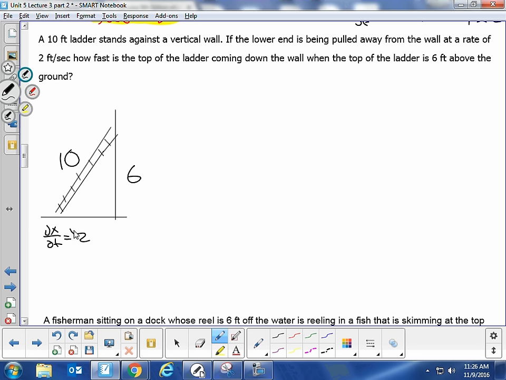But we'll find out. As long as we understand what the top of the ladder is doing, the top of the ladder should be moving down. So our dy/dt really should end up being negative, or at least we understand the answer and say that it's going down at this rate, then we should be good.